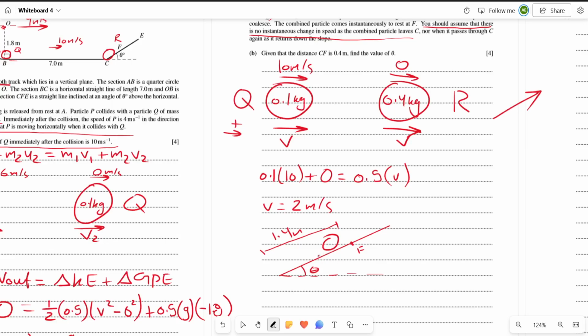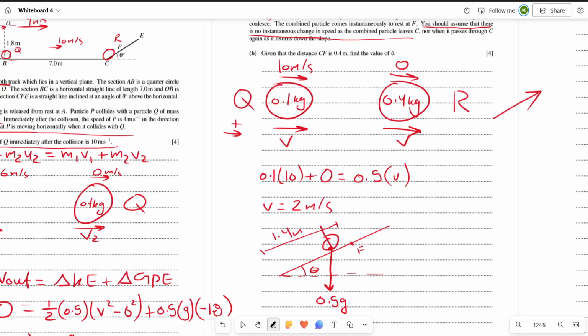Now, what's going to happen here is I know that the particle is going to have some acceleration downwards. Why? Because I'm going to have a resultant force down the slope. How? Let me draw the forces for you. So I'm going to have the weight, which is going to be 0.5 times g.